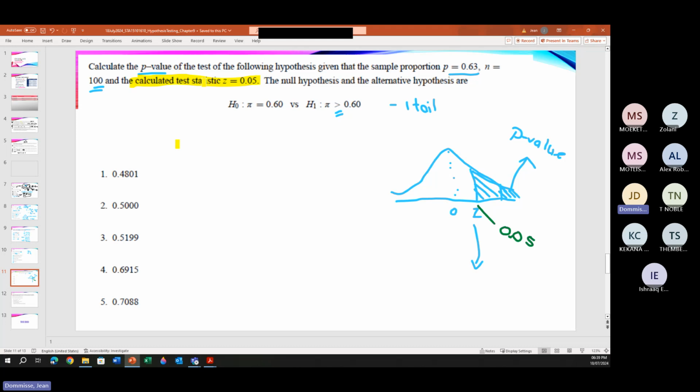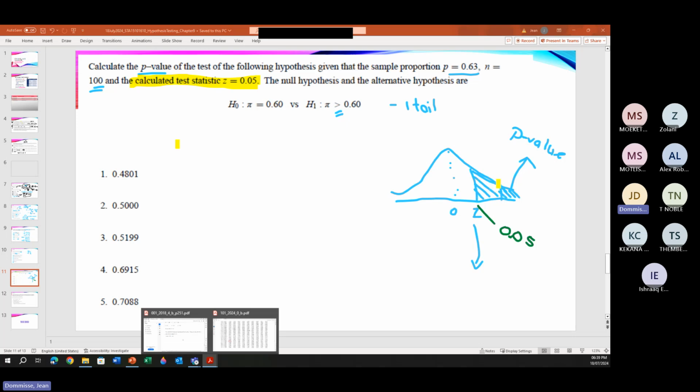So they told us the calculated one is 0.05. Okay, so I just did a lot of work, and it was not needed at all, because they told us Z is equal to 0.05.